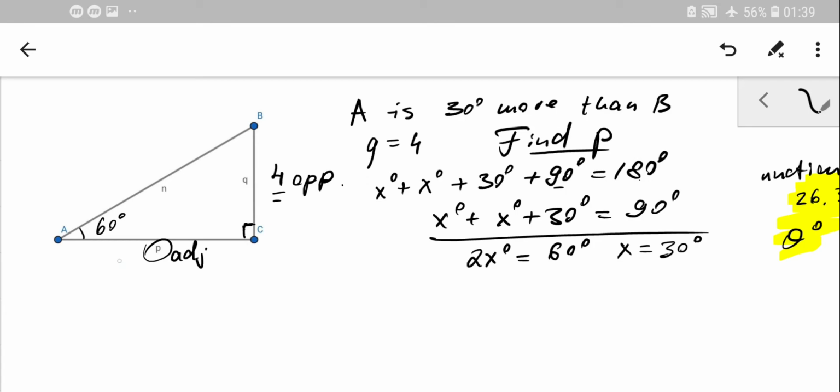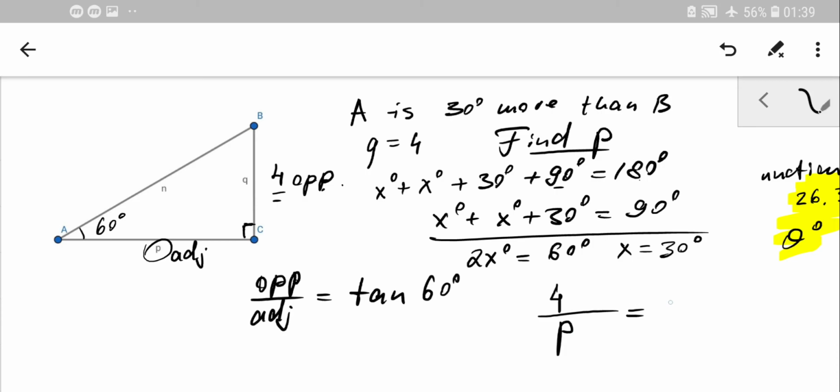So what we can do, we can create the ratio opposite to adjacent is tangent by definition. So tangent of your angle 60. Okay, so opposite is 4. Unknown adjacent is P equals to tan 60.